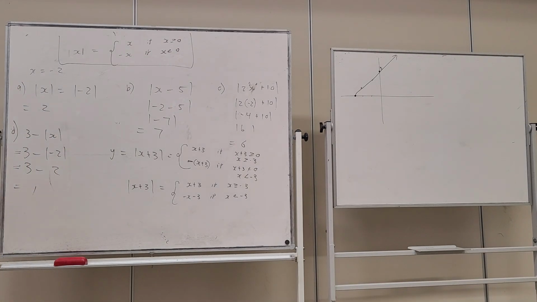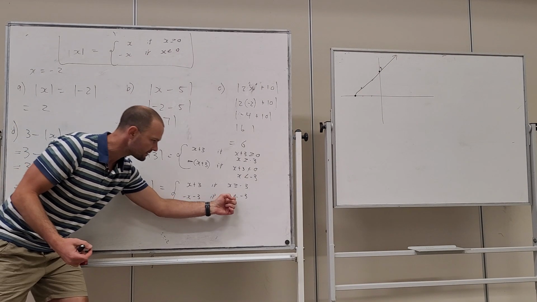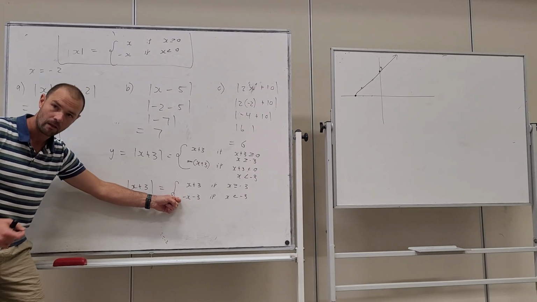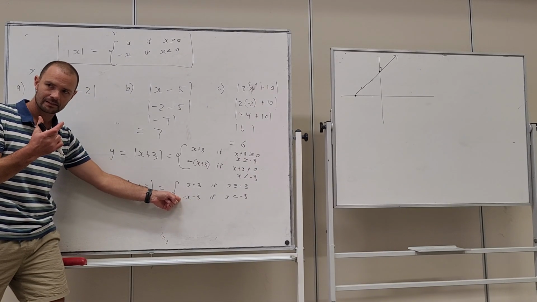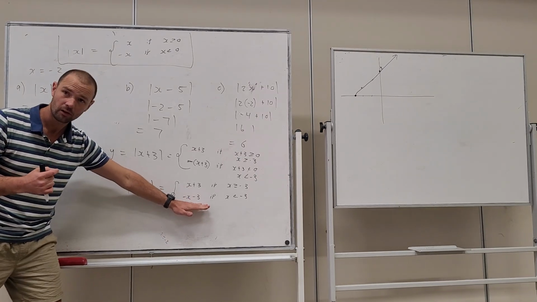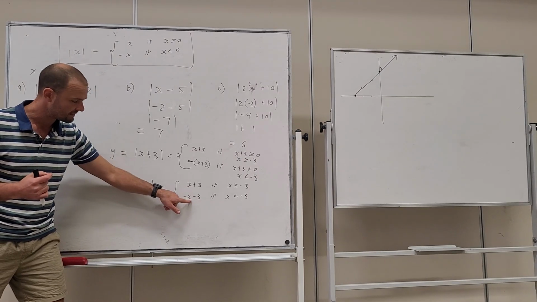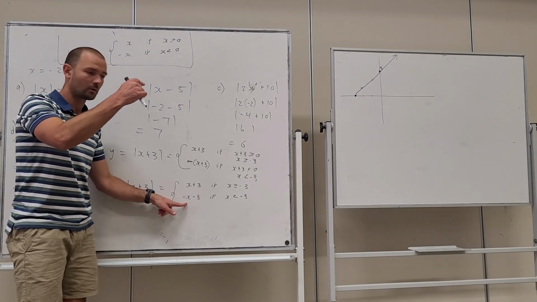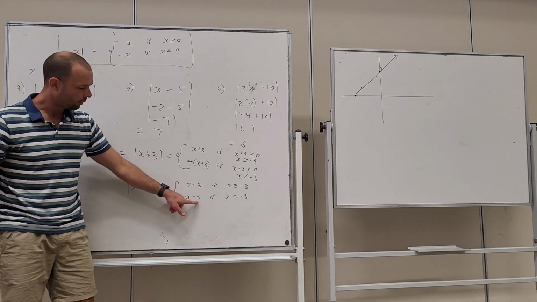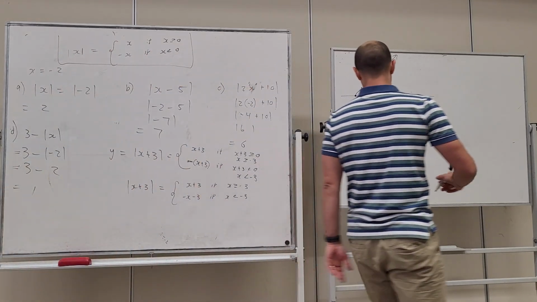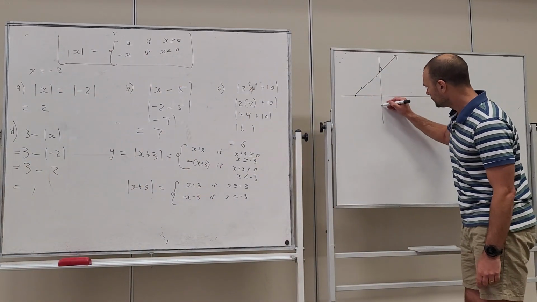But then for the second part, it says if x is less than minus 3, this is the function that we graph. Minus x, take away 3. All right, still the equation of a line, but this time it has negative slope. So as x goes across 1, y goes down 1.